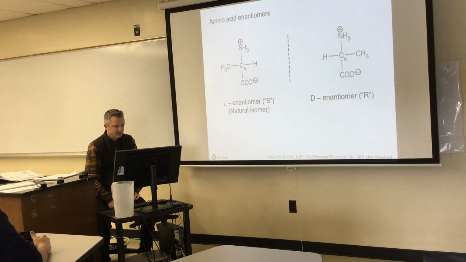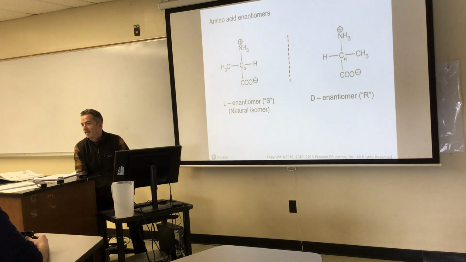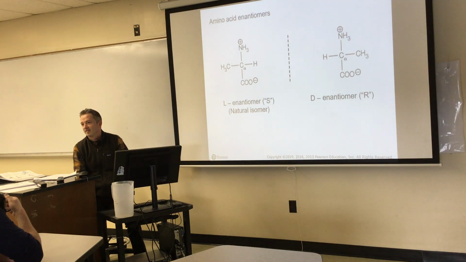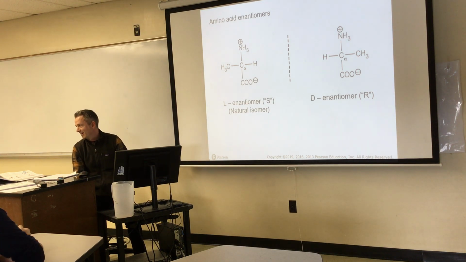And the one on the right is the D enantiomer of alanine as well, which is the R. Wait, so most of the time it'll be S, but there are instances where the L enantiomer is R. Is that what you're saying? Yes. Is there a definitive way to know which is which? Oh yeah, by actually doing the stereochemistry, okay?